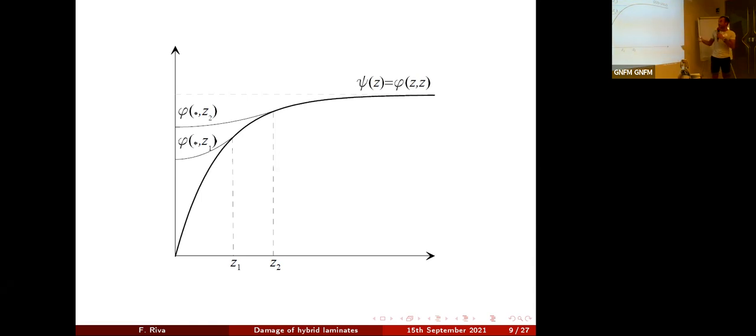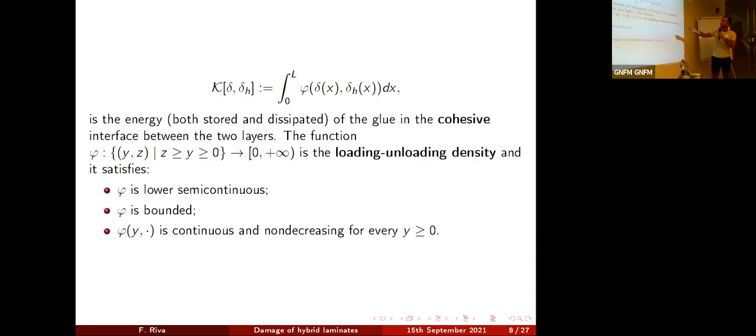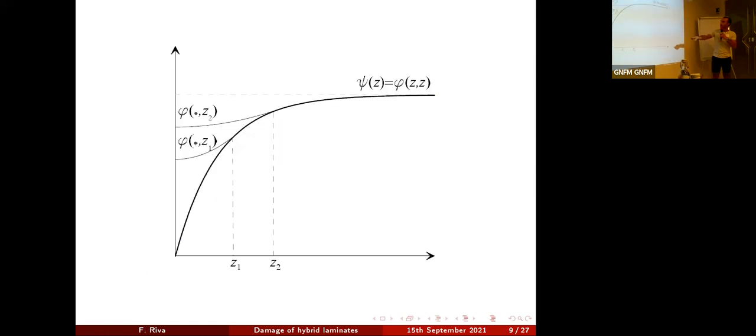If the slip delta is increasing, y coincides with z, and so we are following this concave path, so the energy is dissipated during this procedure. And if at a certain point, let's say z1, we start an unloading phase, we come back but following the convex path.